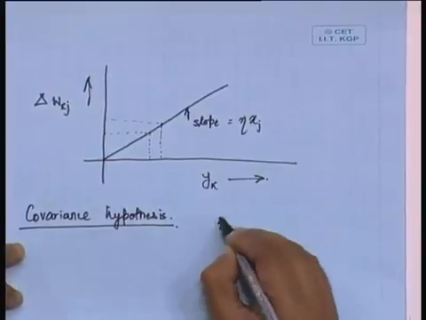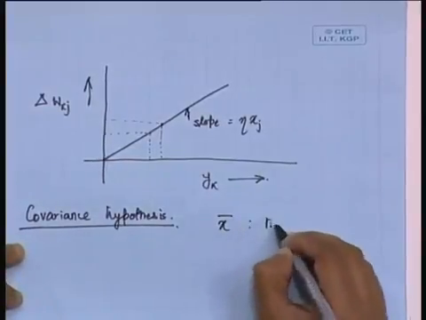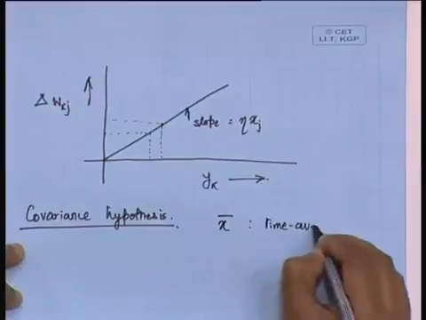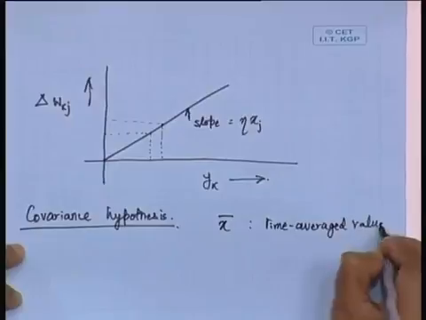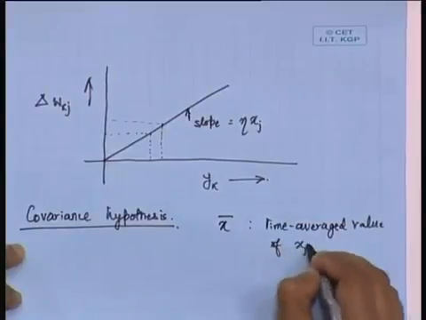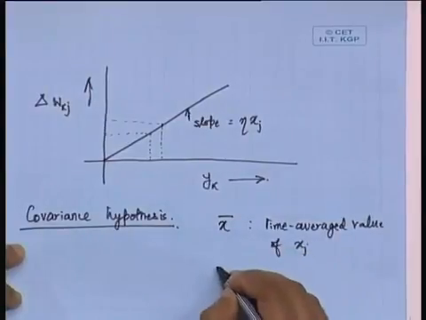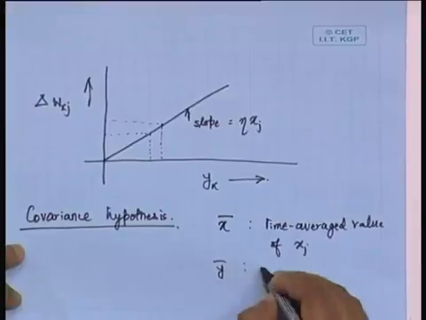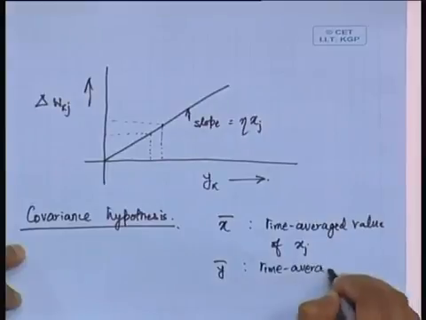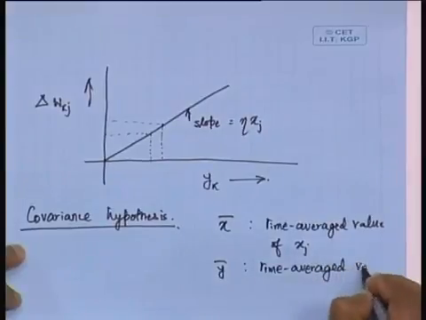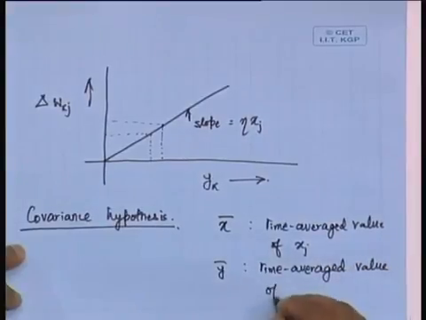let us say that X bar is the time averaged value of Xj, and let us take Y bar to be the time averaged value of Yk, right.